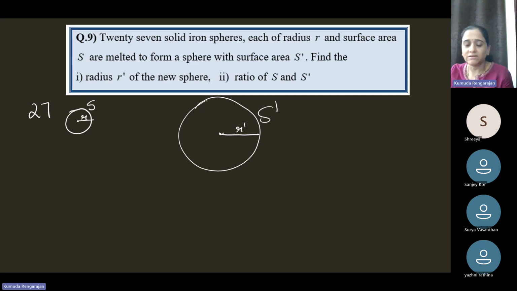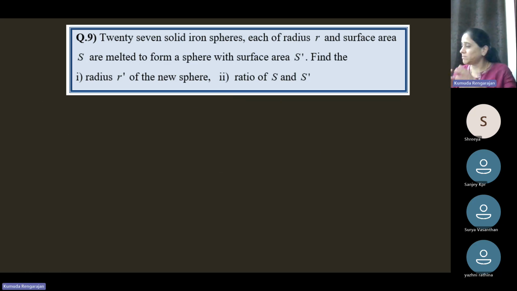You need to find the radius r dash of the new sphere, and you should also compare the surface area of the small sphere to the surface area of the big sphere, S by S dash.